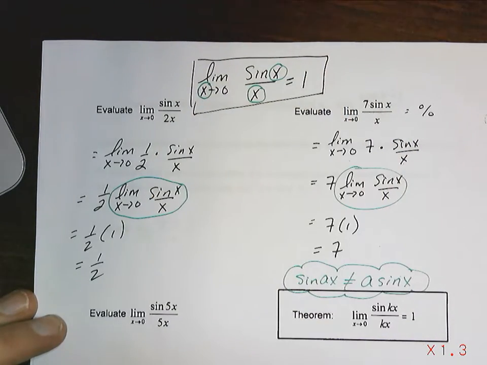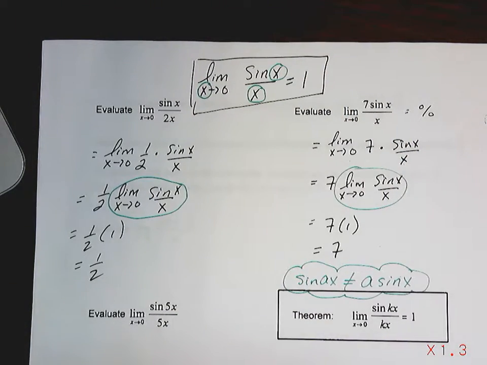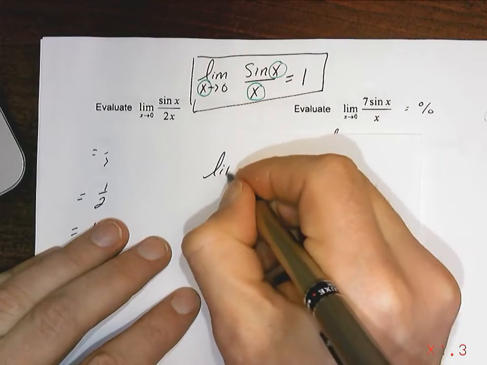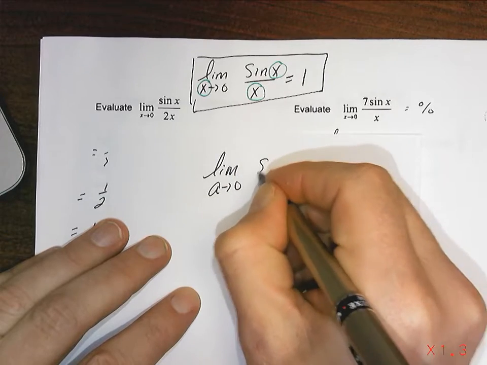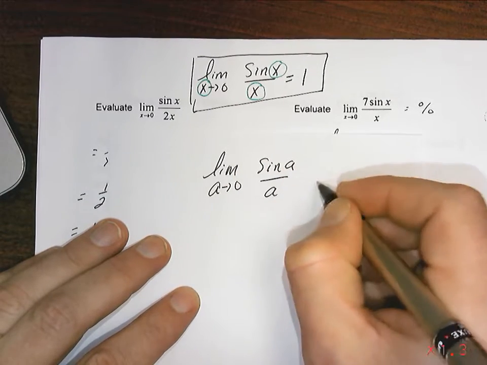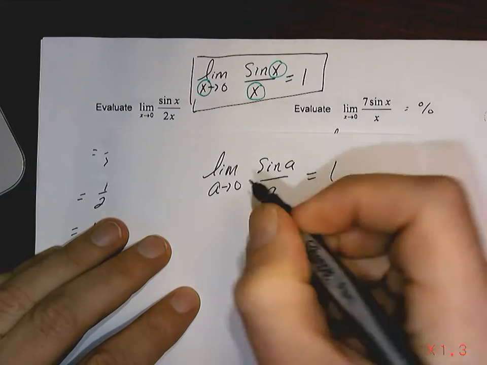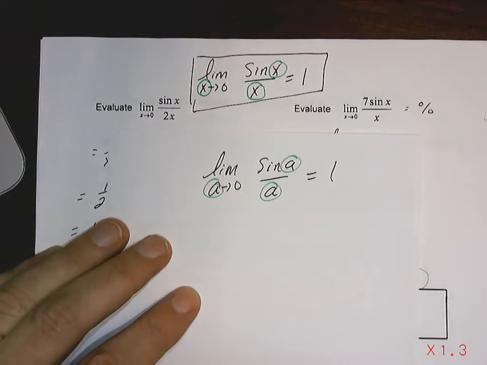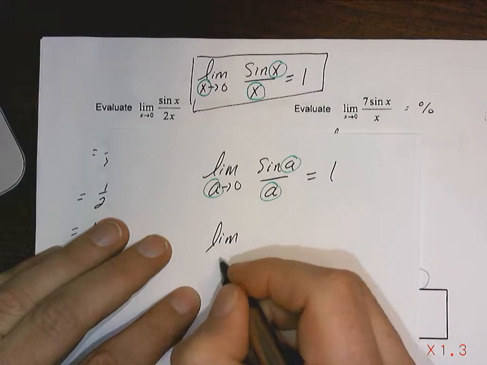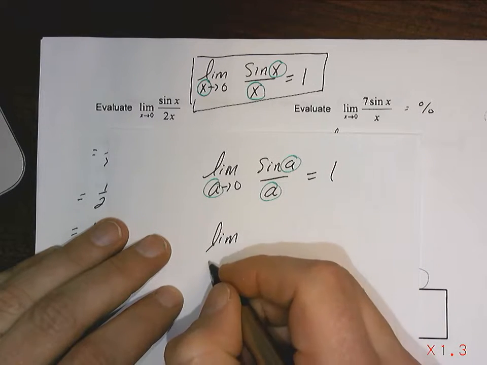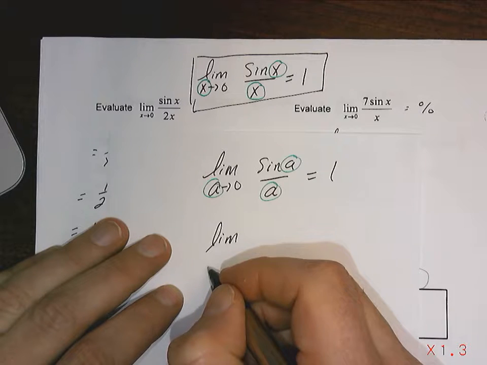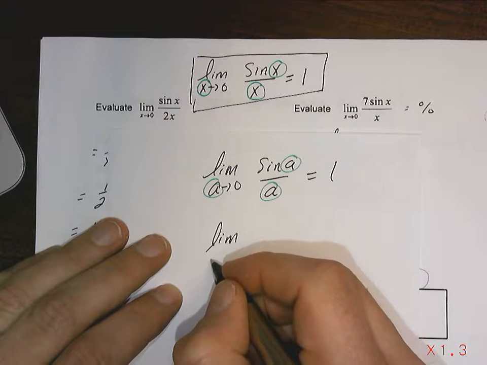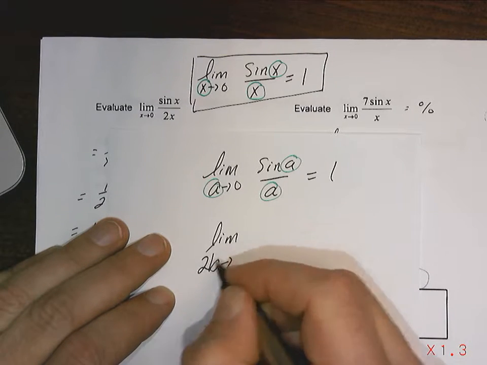and x approaches 0. You do understand at this point, I hope, that it wouldn't matter if I used x's or any other variable. Limit as a approaches 0 of sine of a over a would equal 1. Do you see the same pattern? A, and a approaching 0. It wouldn't matter if we used, I'm trying to think of another variable, b, there you go, 2b, there you go.